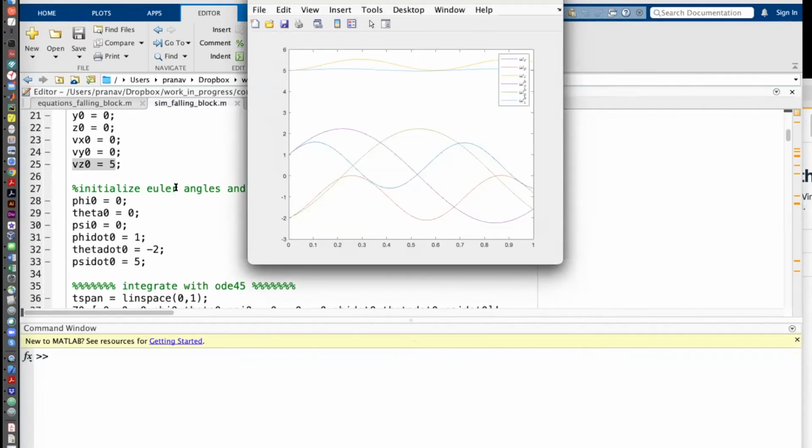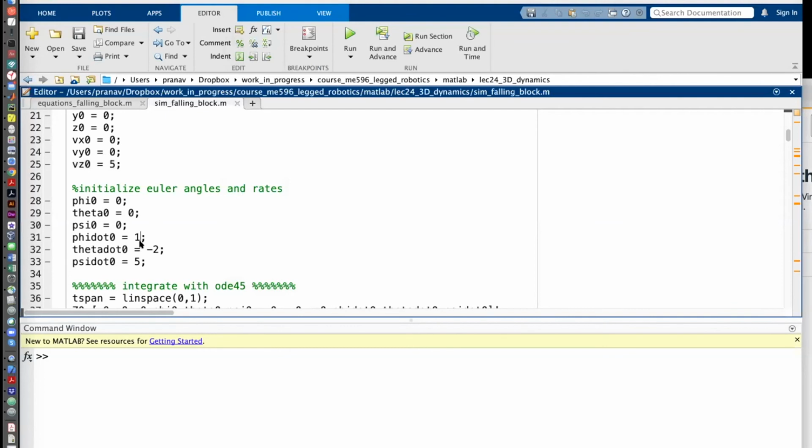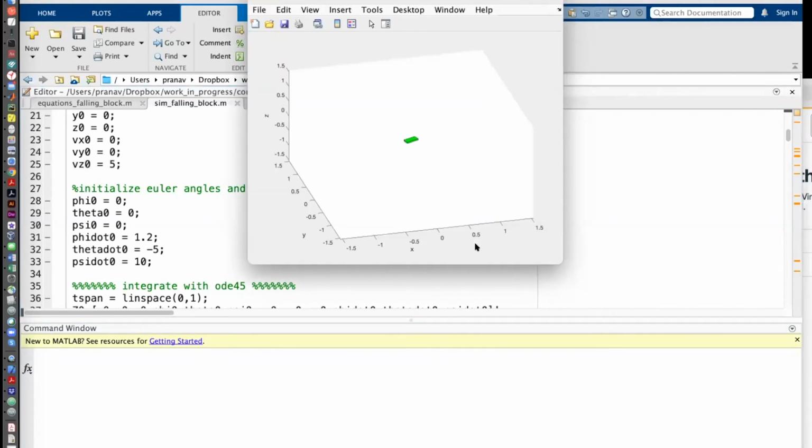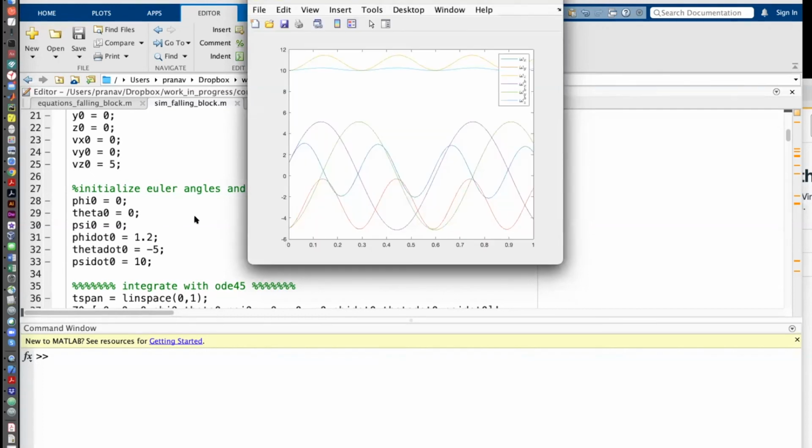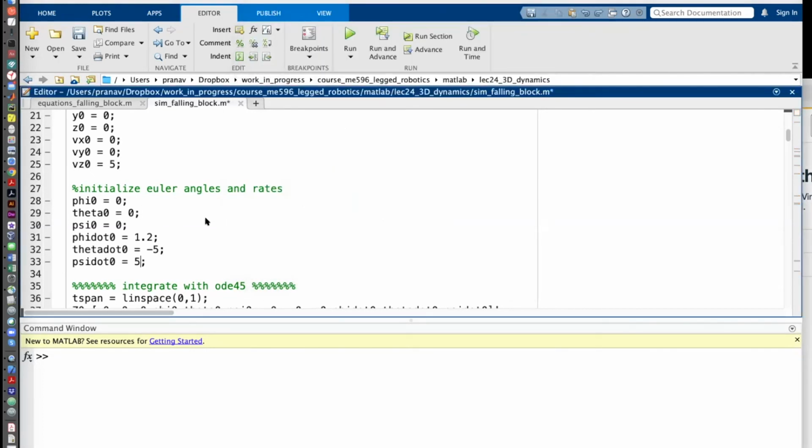Okay, and some plots. So I can give this something else, 1.2, 5, 4, 10. So now it's spinning too much about the z-axis because I gave a high psi dot. Okay, so you can basically play with this and get it to do interesting things.